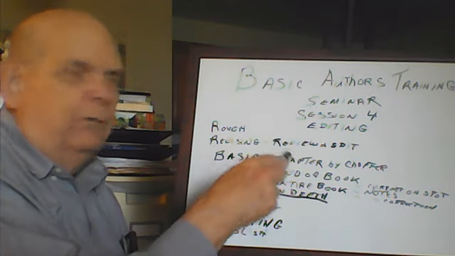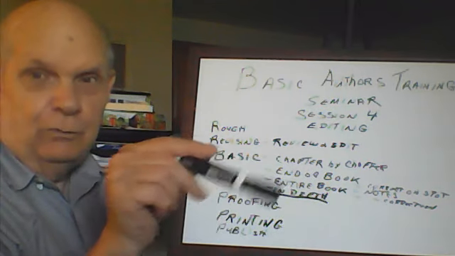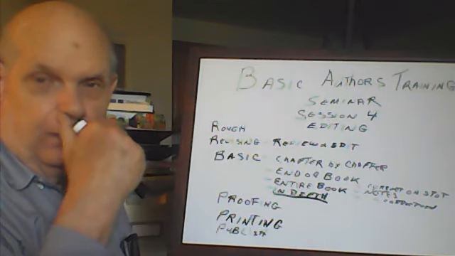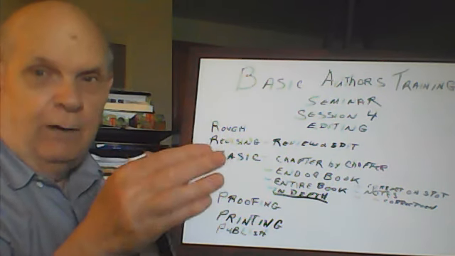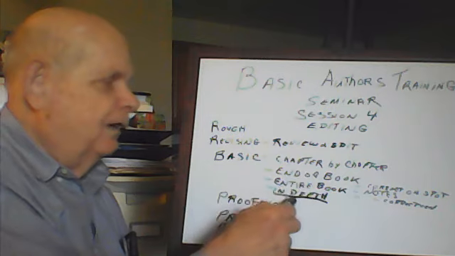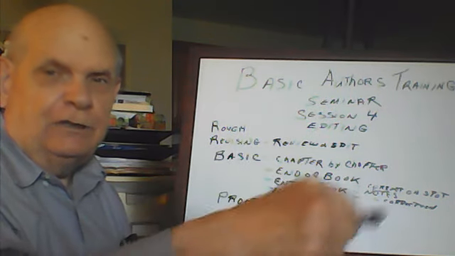Another time you might look just for punctuation. Now you have that tool that your Word document provides, and that will help you a lot. But you might want to go through it looking for different things each time.